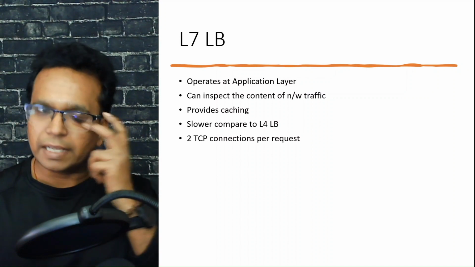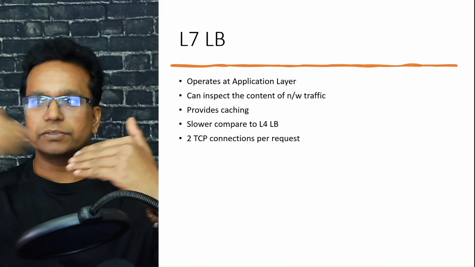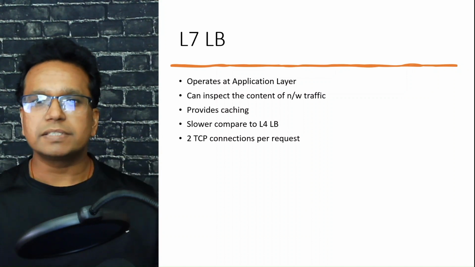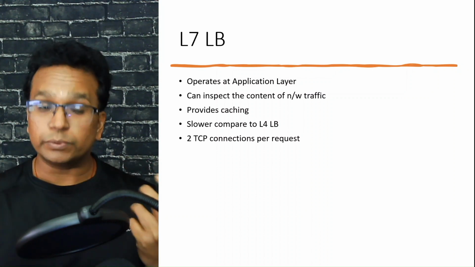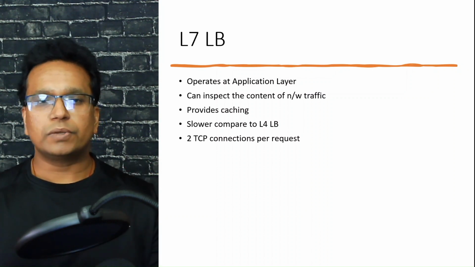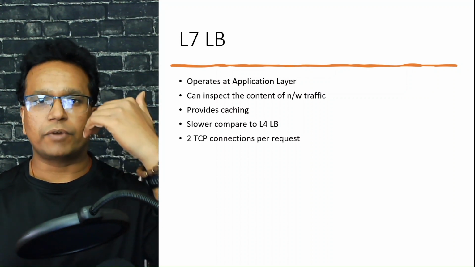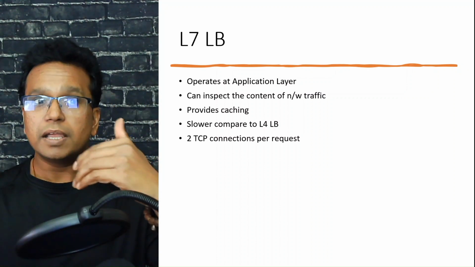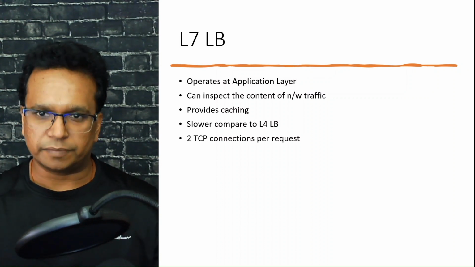Earlier, in L4, we had a client to the load balancer and the load balancer to the server as one single connection. On the other hand, the L7 load balancer creates two TCP connections per request. Client to the load balancer is one connection, and from the load balancer to the server is another connection. So for every request, we have two TCP connections.